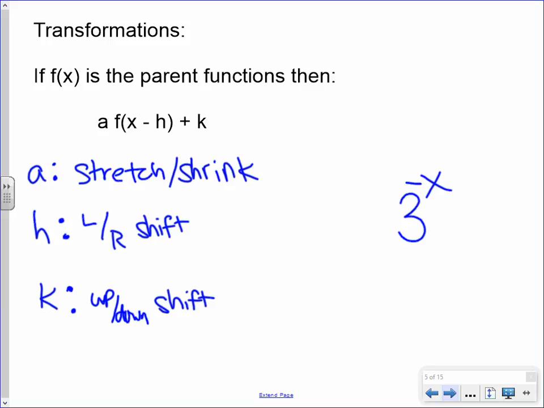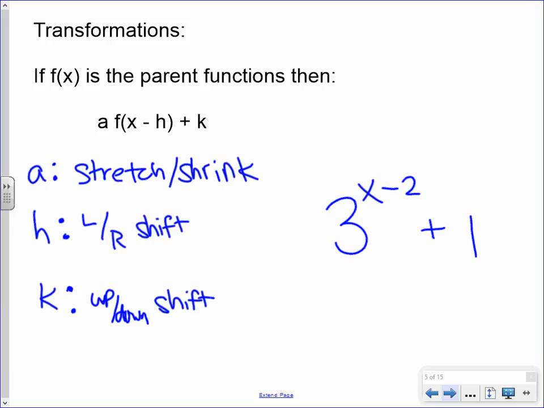Okay? Now, when we talk about h and k, let's look at a different number. This is considered inside of our function, so this is a shift to the right, while this is after our function.